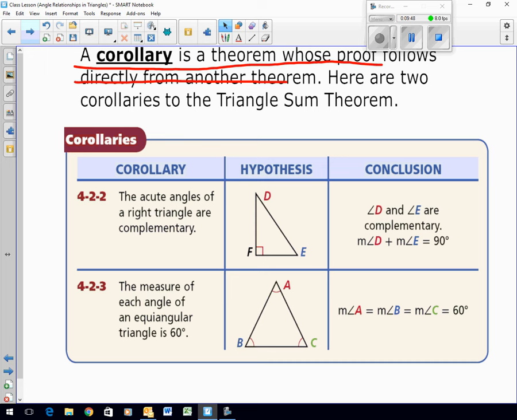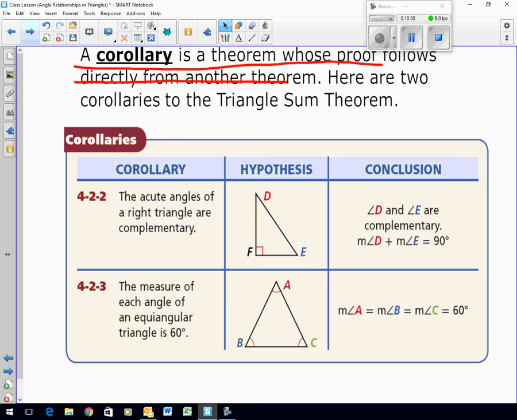Complementary does not mean roughly the same. Exactly 90 degrees.